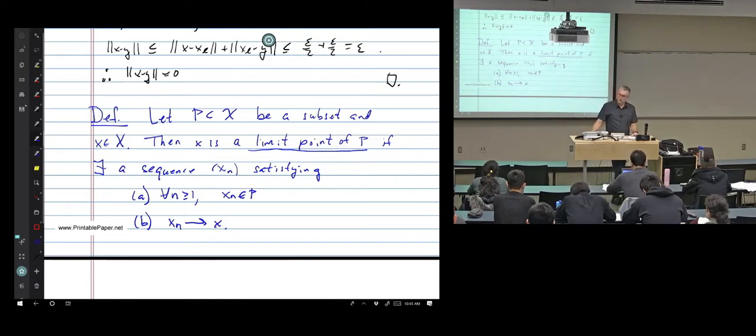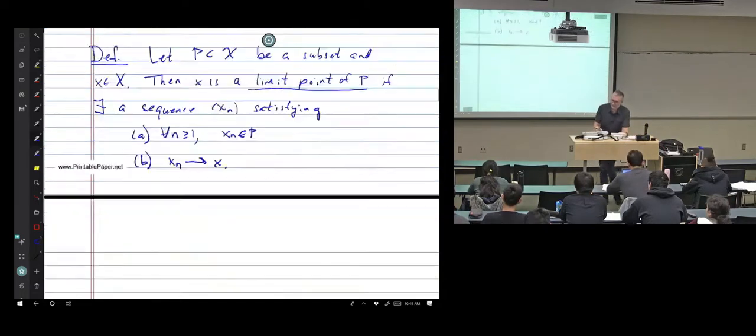So square root of 2 is a limit point of the set of rational numbers because I can do a decimal approximation of it. So that's the notion of a limit point. Now, is there any notion we've covered that this seems kind of close to? You know the answer, but you don't want to say it. Okay, got it.